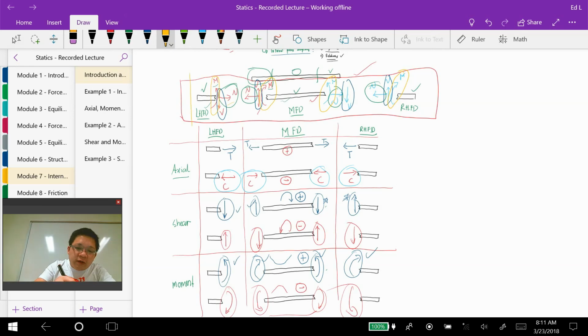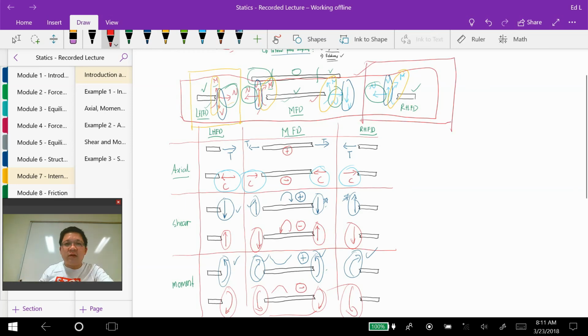So when you draw the left hand free body diagram, this is the positive sign convention. And when you draw your right hand free body diagram, this is the positive sign convention. In a very rare case, we will use the middle free body diagram, but that will be in a special case. Most of the time, we will use either the left hand or the right hand free body diagram, because that's what we need to solve the problems.